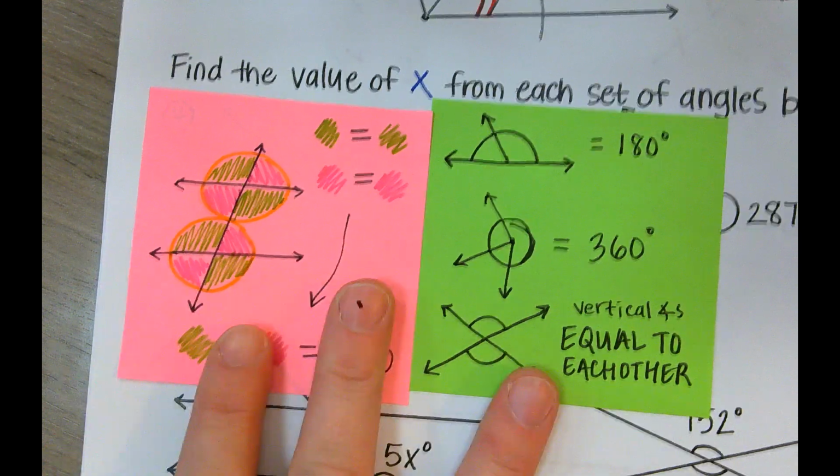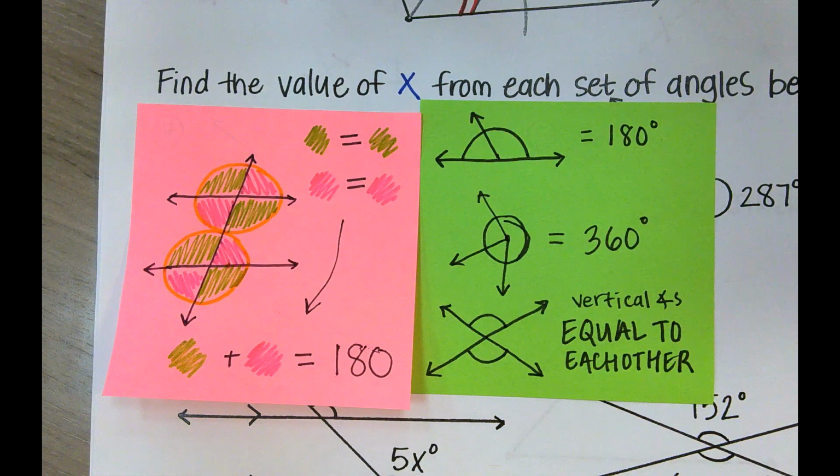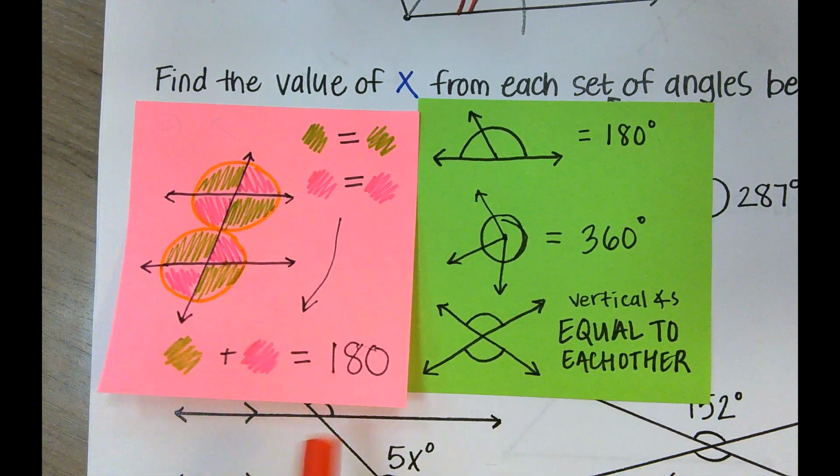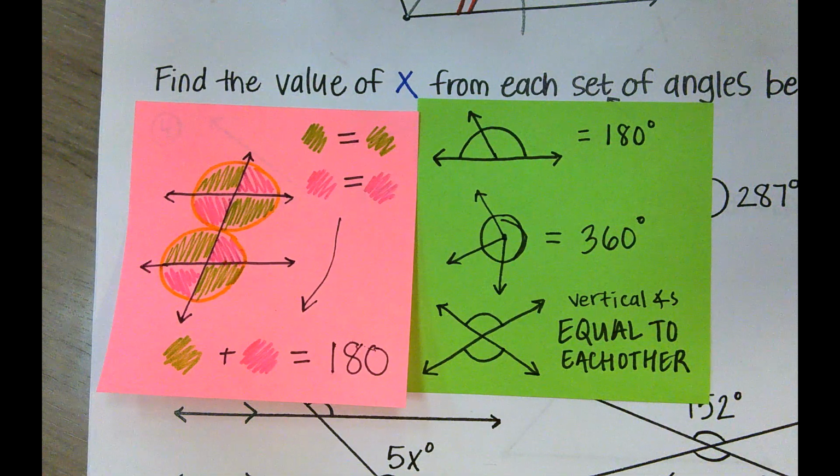This is another one we may need to look at, where the same color angles are equal and different color angles add up to 180. We're going to keep all of that in mind whenever we do the next few problems. I'll pause for a minute. If anybody needs to make a new note, I can wait for you.